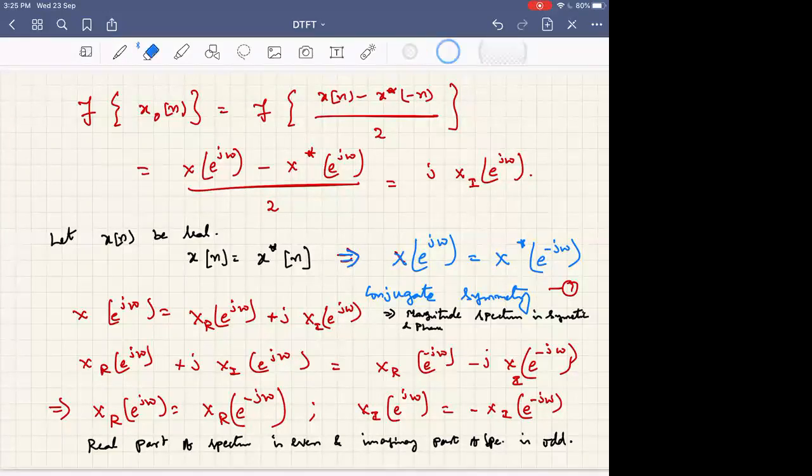So you can see this actually. You just find mod, because mod with star and without star is same, right? So it is symmetric. For phase spectrum, a negative angle will come. So star conjugate will give minus of angle. So you write x of e power j omega as magnitude and phase. Then you just show yourself this.